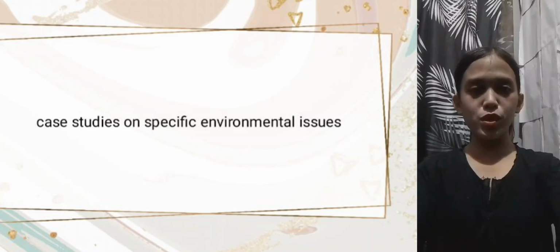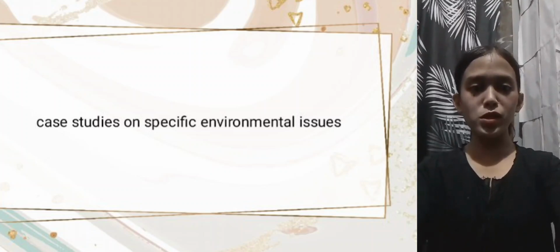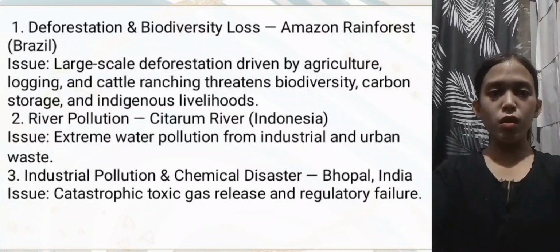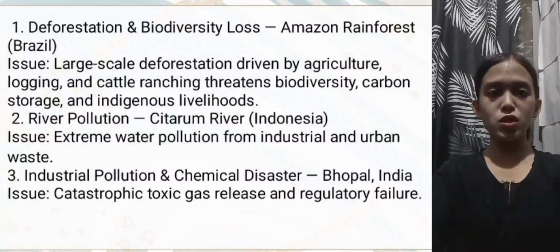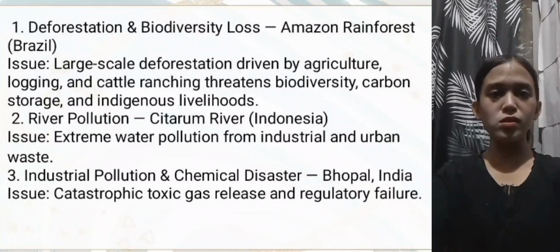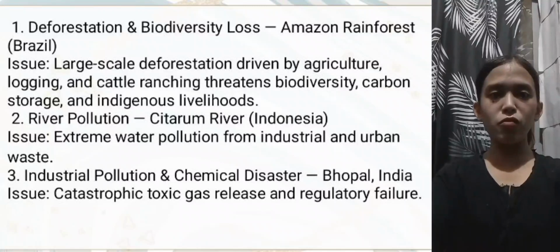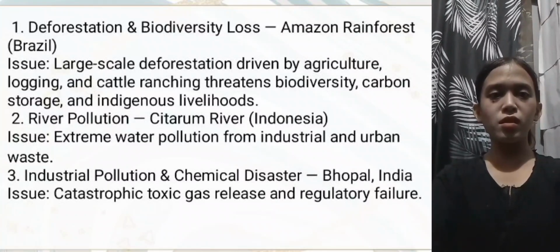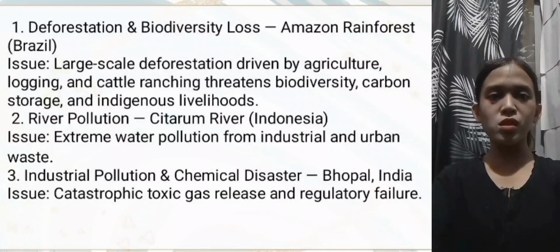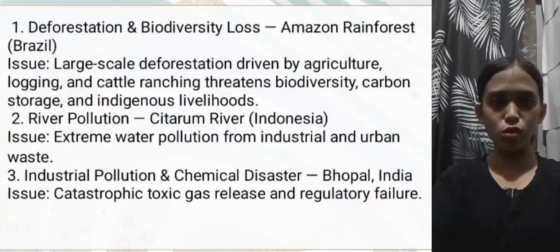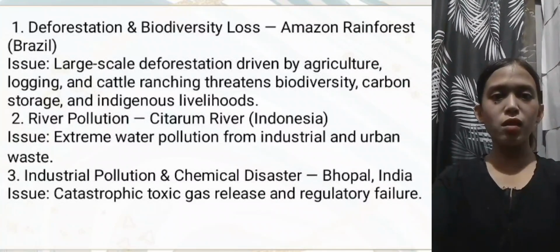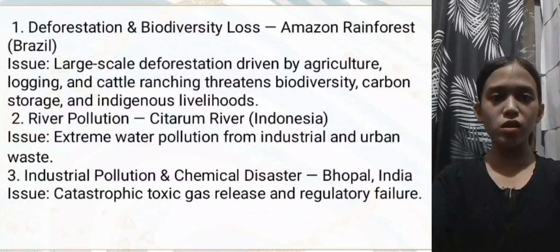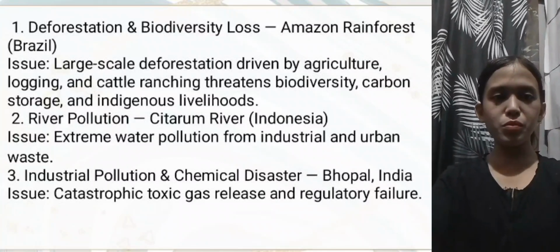So now let us proceed to case studies on specific environmental issues. Number 1, deforestation and biodiversity loss in the Amazon rainforest in Brazil. So the issue for this is large-scale deforestation driven by agriculture, logging, and cattle ranching, which threatens biodiversity, carbon storage, and indigenous livelihood.